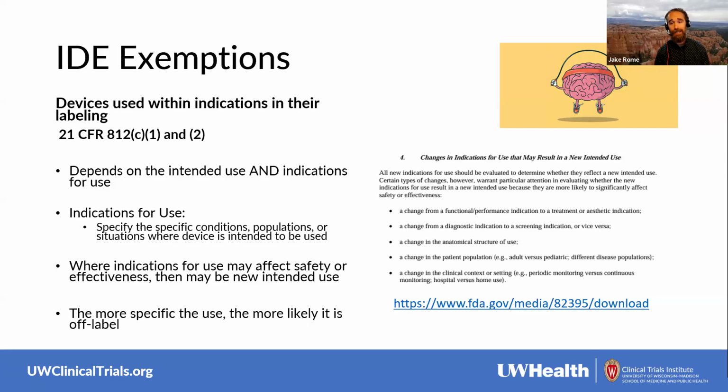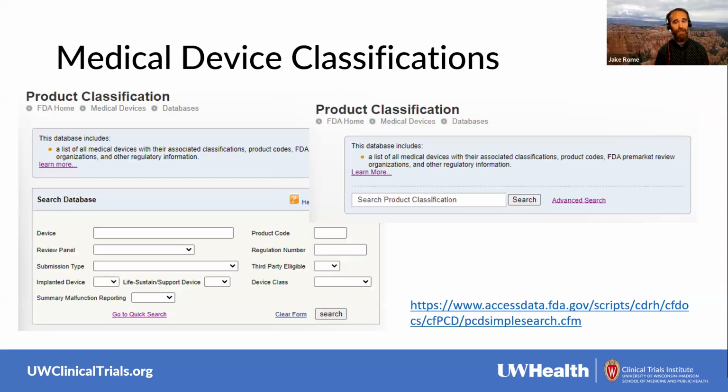If a device company is giving you money to test their device in a certain way, that might also be an indication that what you're doing is off-label, because the reason that they're probably giving you that money potentially is because they want to get some information from you to see if they should look to try and make that indication part of their labeling for the device. So just some things to keep in mind as you're going through and using a device that is otherwise broadly approved and trying to fit it within this approved use definition.